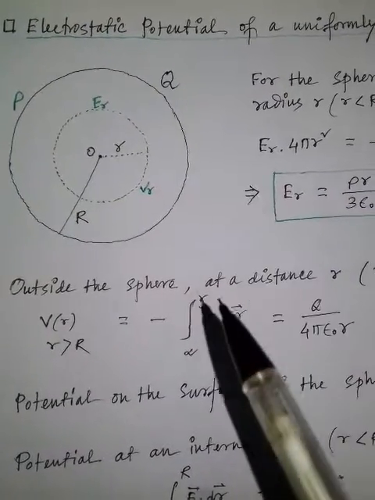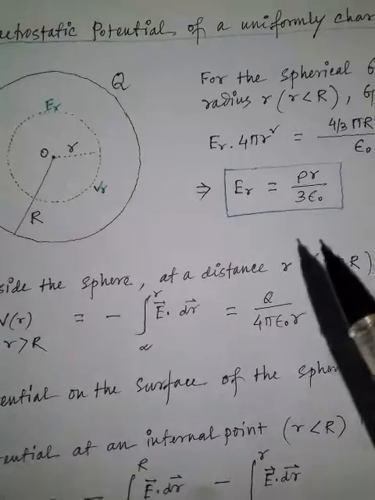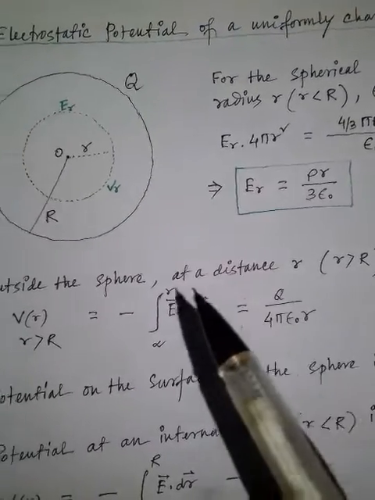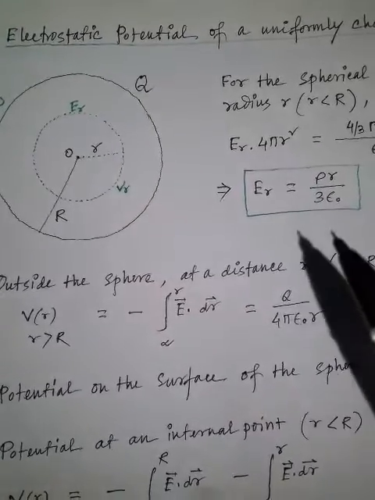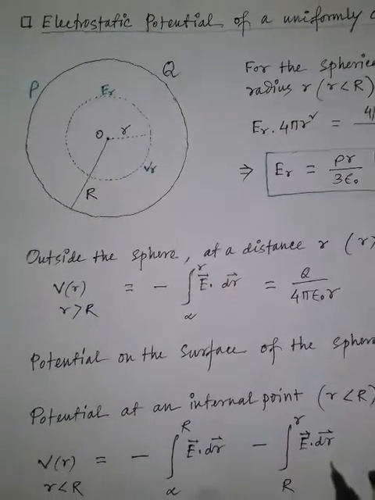Finally you get Q by 4 pi epsilon naught r, as E outside this sphere is Q by 4 pi epsilon naught r square.